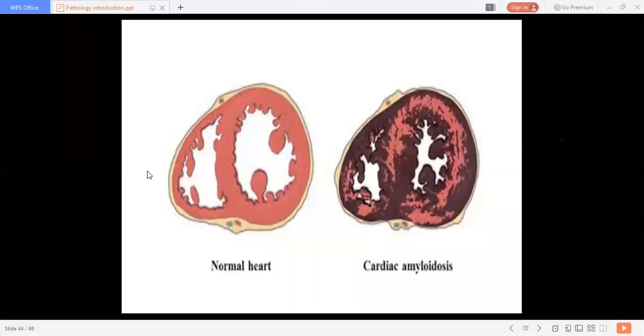Histologically, the deposits begin in focal subendocardial accumulations. Here you can see these accumulations, they are subendocardial. And within the myocardium, between the muscle fibers, it may get deposited.